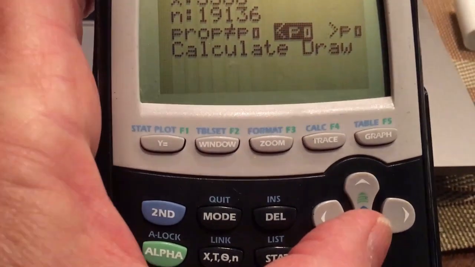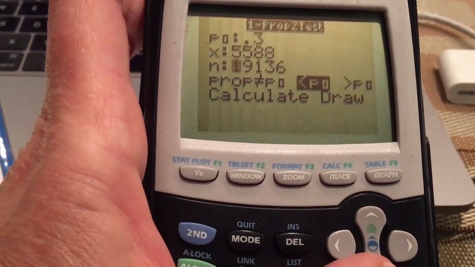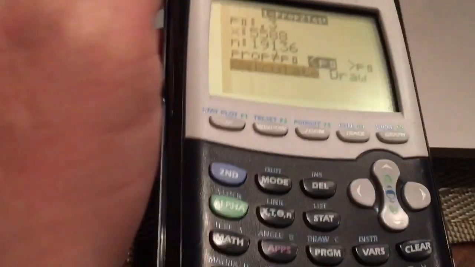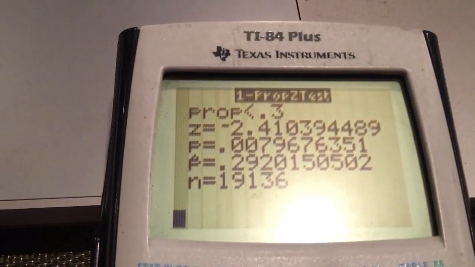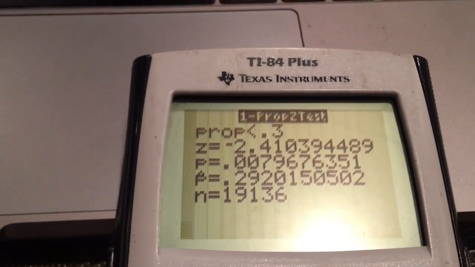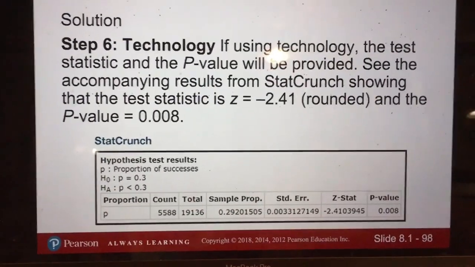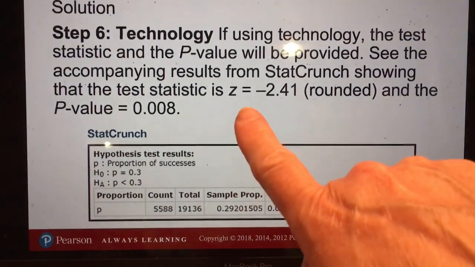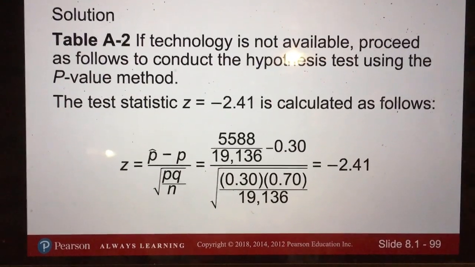And then I hit enter, and that's when I get everything there, which is exactly the same as what we have up here. So we're able to get our z-score, test statistic, and p-value from our technology.